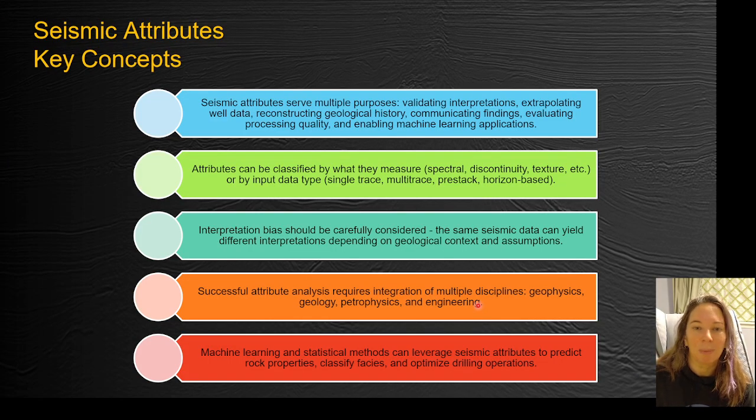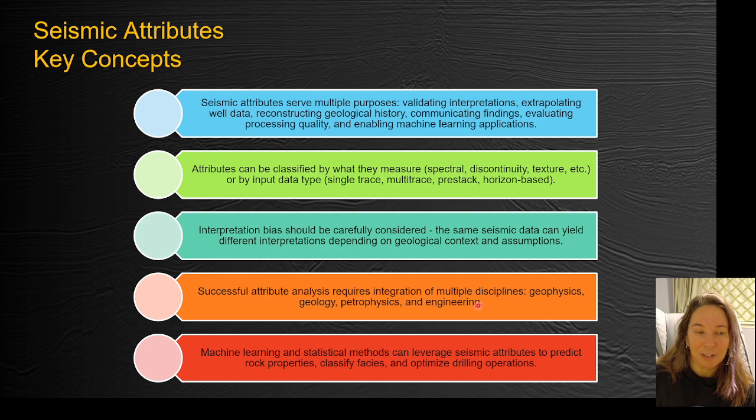And so just to wrap up, and as we go into the next series of modules, I want you to keep in mind a lot of these overarching ideas of seismic attributes, that they can serve a lot of different purposes. So they validate our interpretations. They allow us to extrapolate the well data from the well out into the seismic. We can get a lot of information about tectonics and sedimentary patterns.